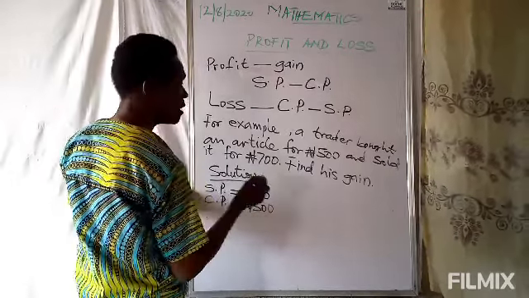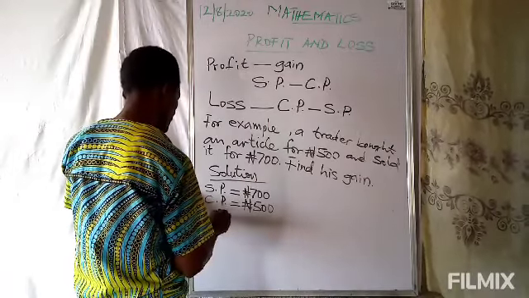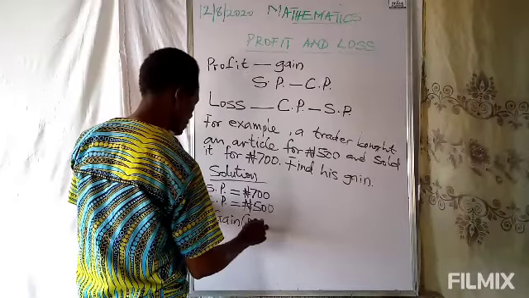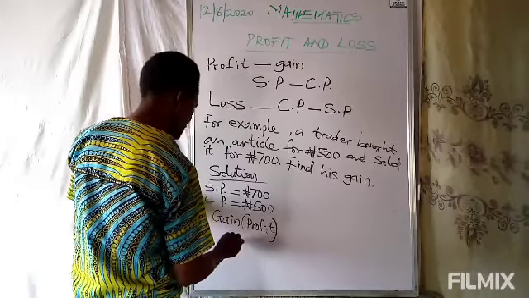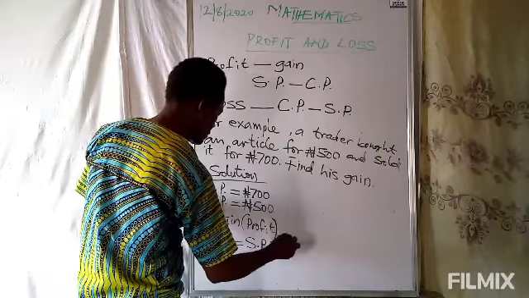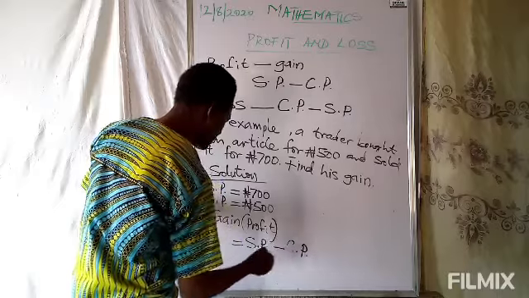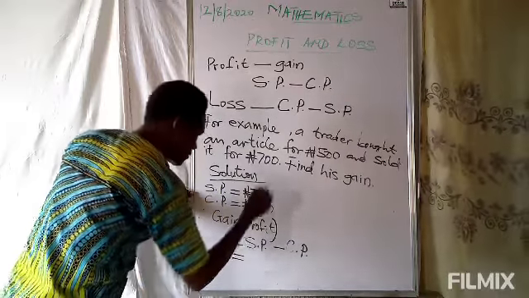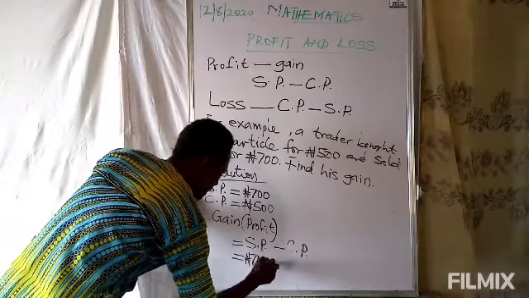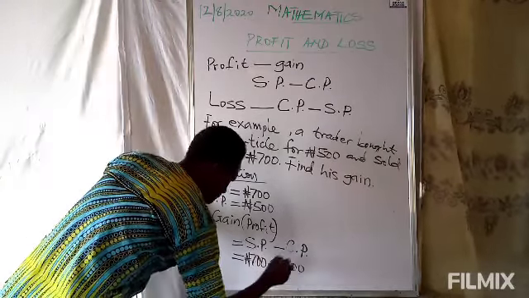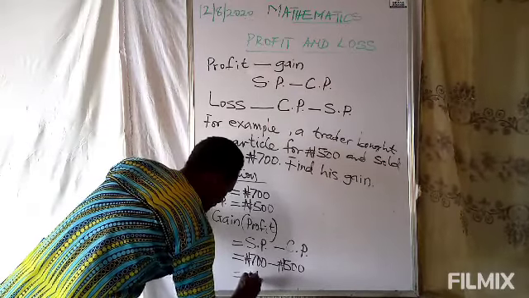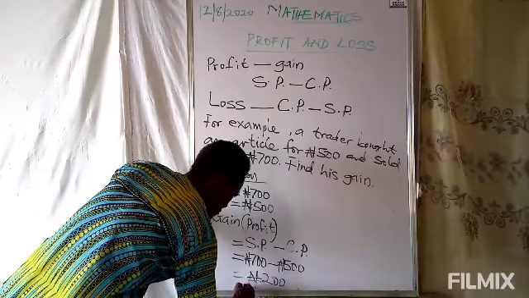Therefore, the gain or the profit is equal to selling price minus cost price. So this now becomes 700 naira minus 500 naira. This now becomes 200 naira. So that's the gain.